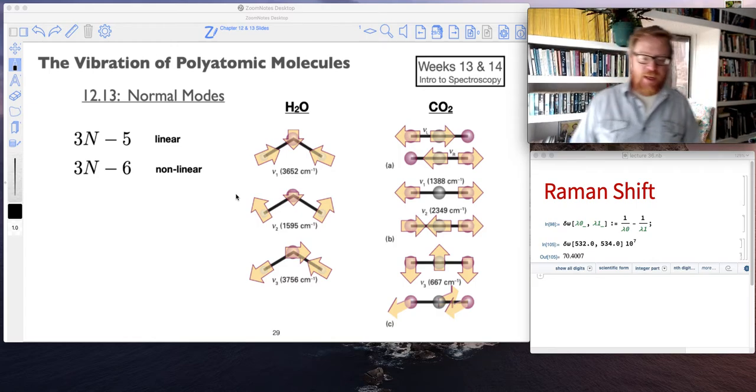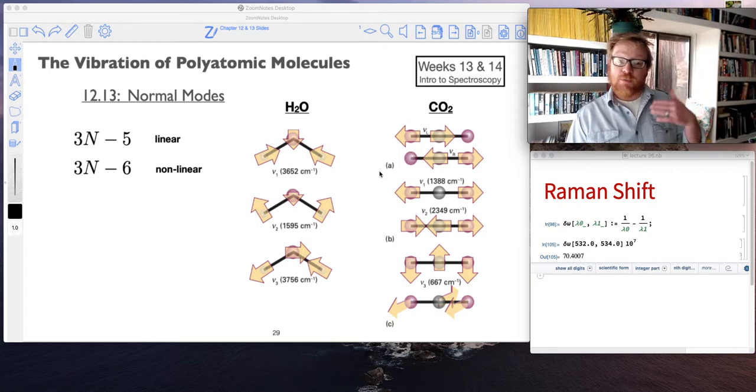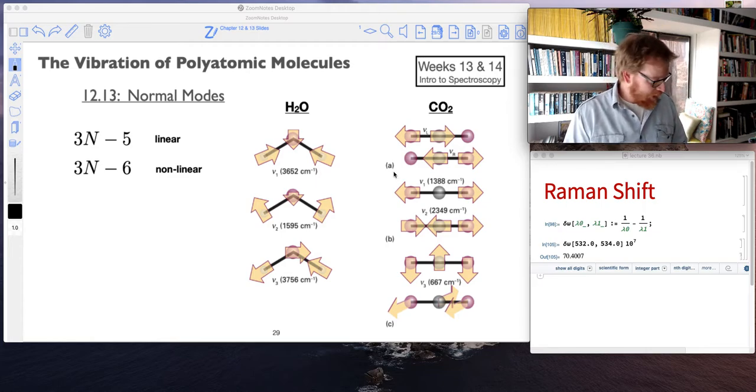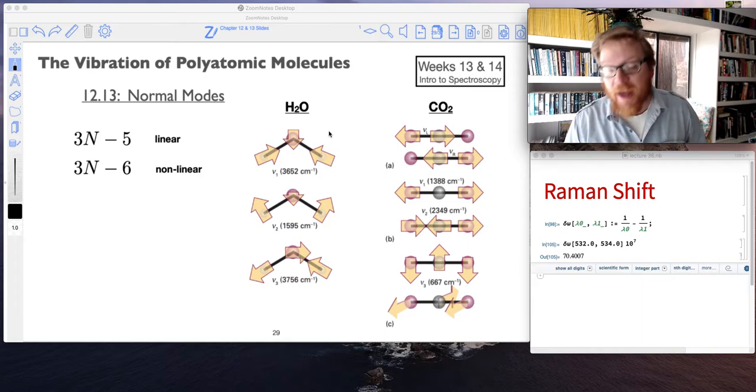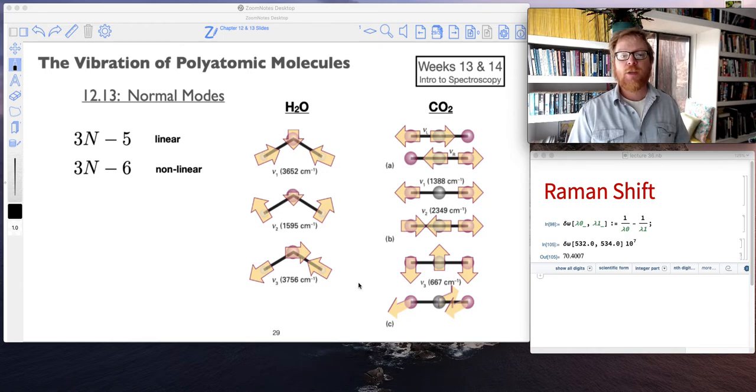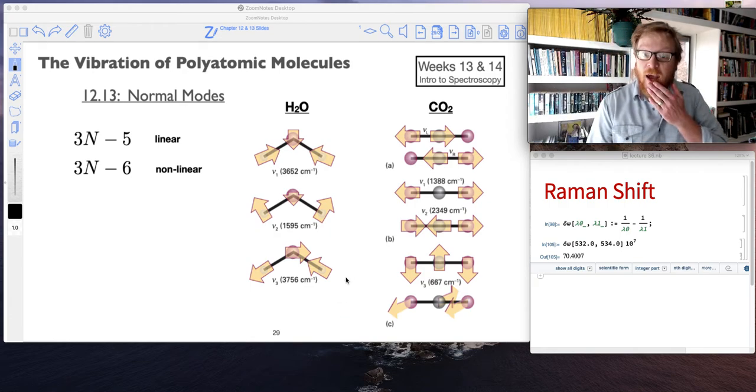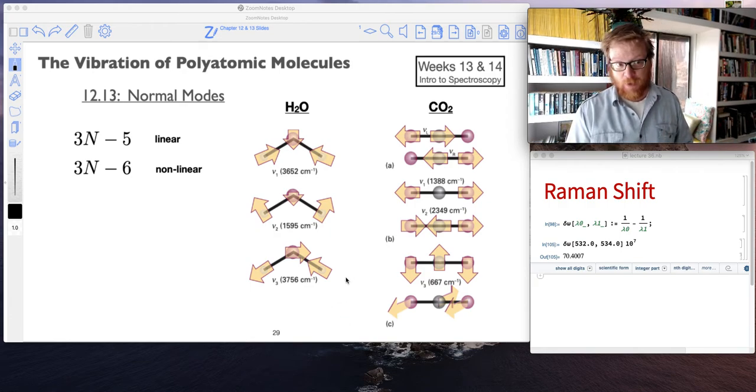In other words, these modes of vibration are independent, synchronous motions of atoms or groups of atoms, and each normal mode is independent from the other normal modes. So these vibrations are all separate energy transitions.